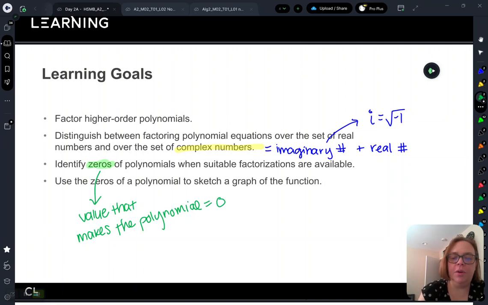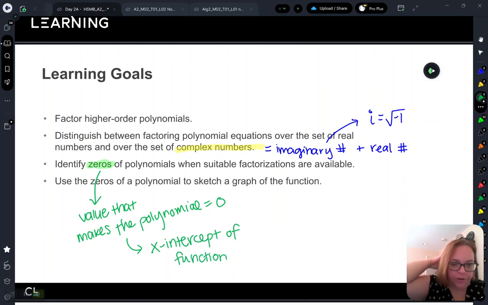Which, when you're talking about a polynomial function, that relates to the x-intercepts. And so if you know the zeros of a polynomial, you know the x-intercepts of the function, and then you could use the zeros of a polynomial to sketch a graph of the function.